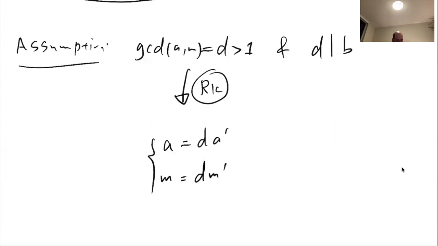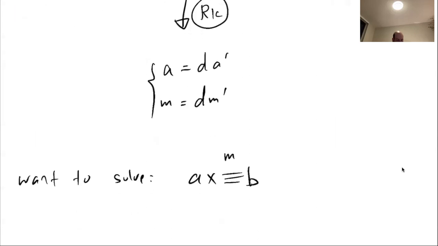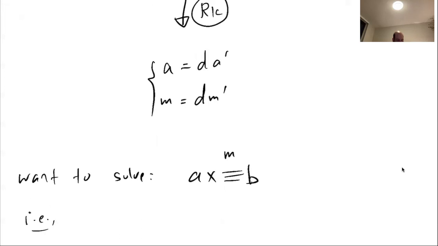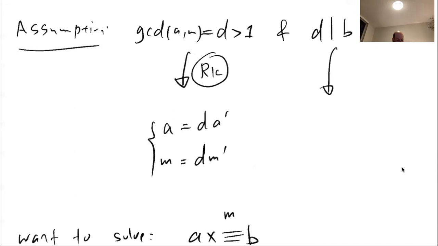So what do we want to solve? We want to solve AX congruent B mod M. I.e., M divides AX minus B. Now D divides B, so I can also write B as D times, let's say, B prime.